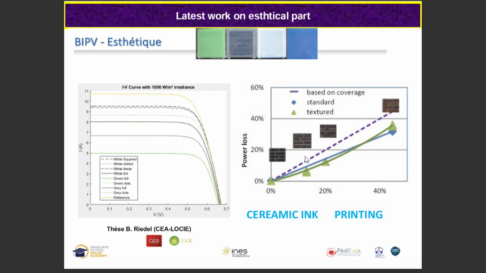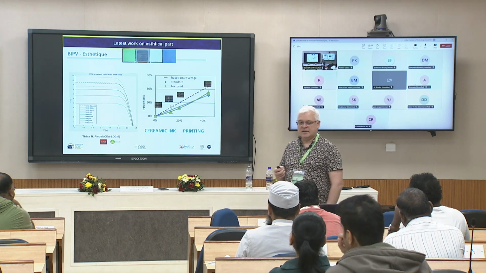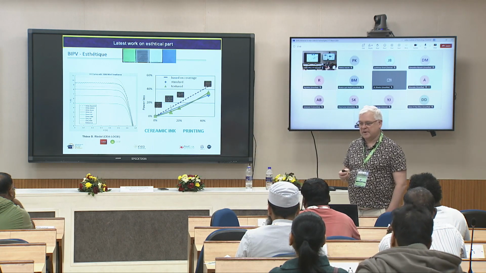So regarding a very recent PhD that has been defended in my lab, the PhD of Benjamin Riedel, we played with aesthetics. So we have developed a standard PV module that you can see here. It is made by the CEA at INES. And with that, we were playing with the different colors and the originality that we were printing on these PV panels.